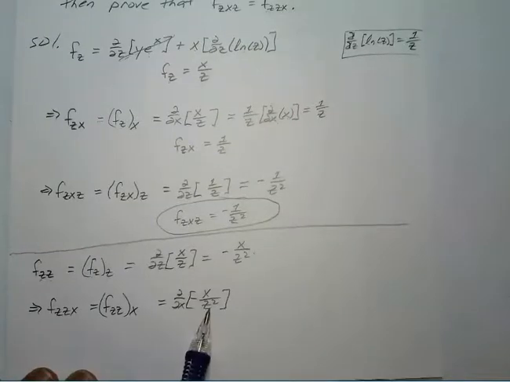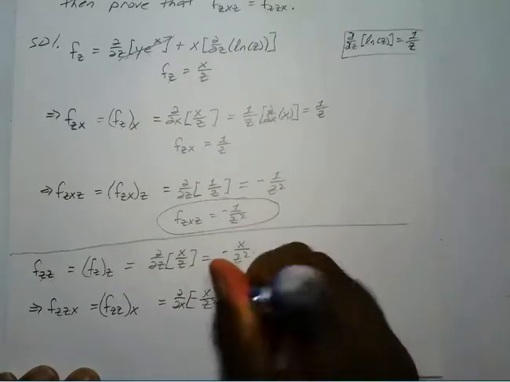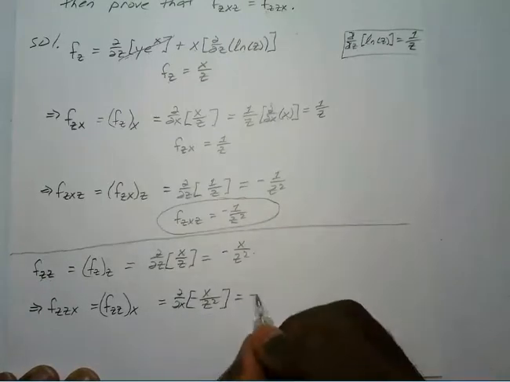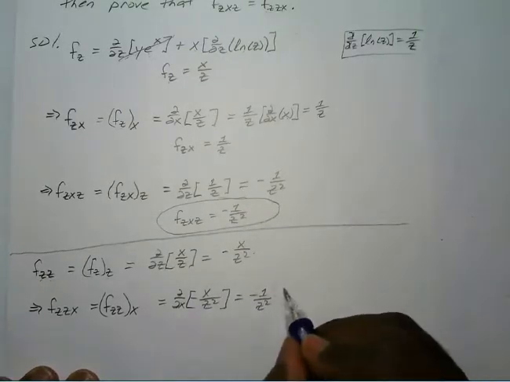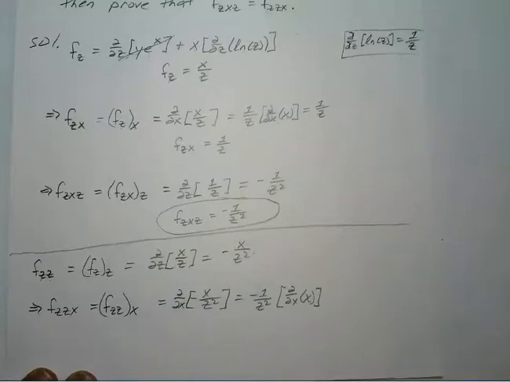In this case, the z squared is the constant, so we can pull that up to the front. So, 1 over z squared. Actually, negative, so negative 1 over z squared times the partial with respect to x of x. The partial with respect to x of x is just 1.